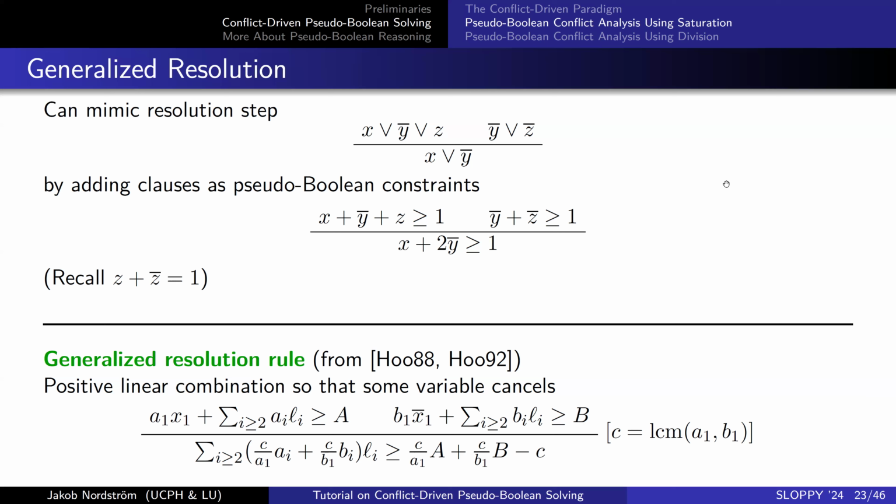If I do this, x1 will cancel, and this is kind of what resolution does. Sorry for screwing this up. Was this clear? Just take the LCM, multiply this one by c divided by a1, multiply this by c divided by b1, then clearly the coefficient of x1 after this will be c on both sides. So when I add them up, x1 will just vanish.